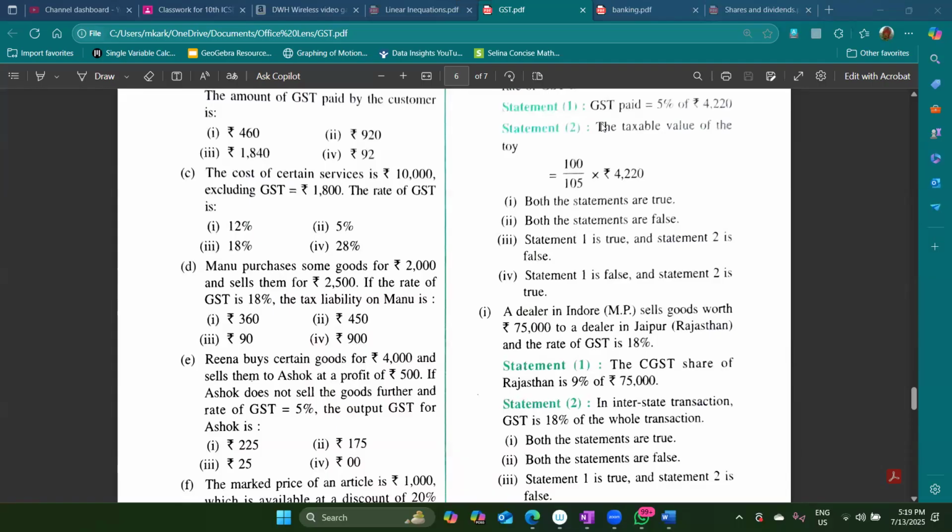Correct, Riya. Correct, Advait. Cool. Move on to D. So your answer was correct.